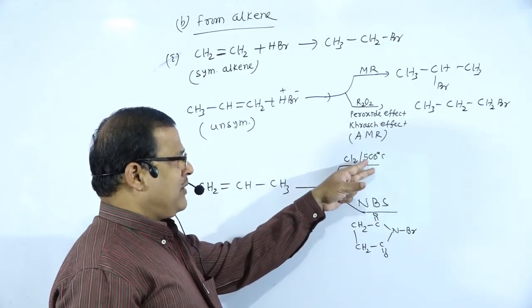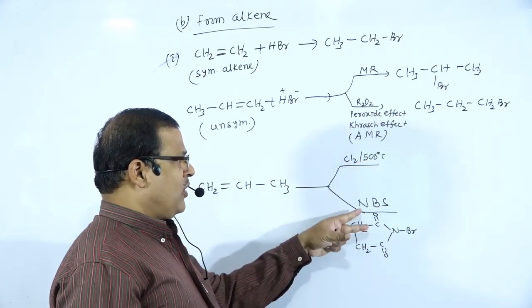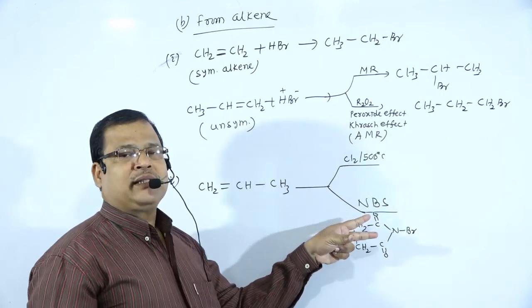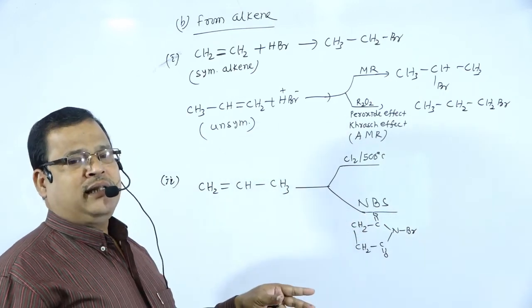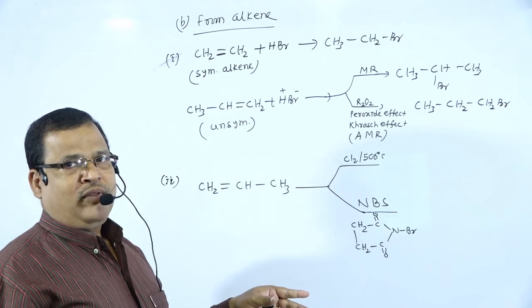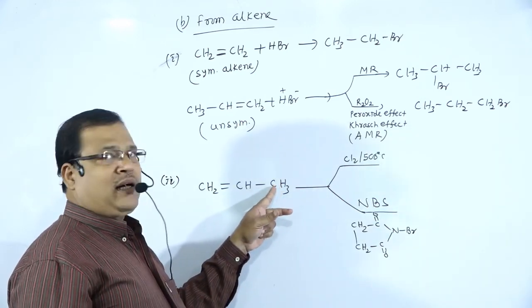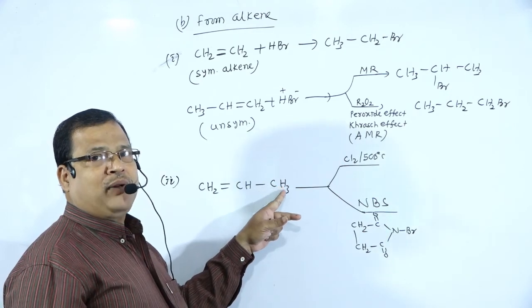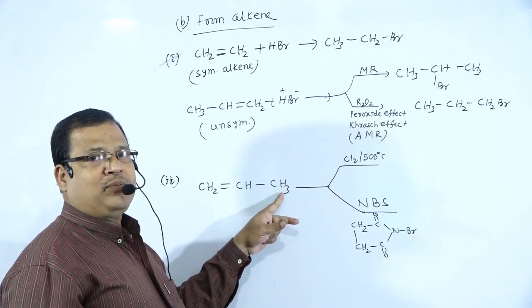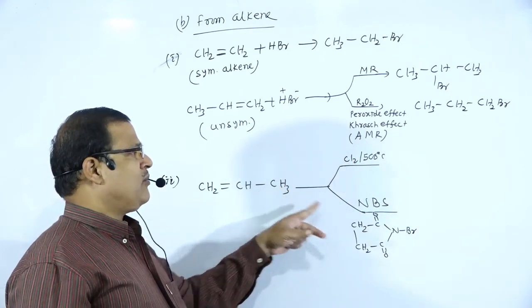with chlorine at 500 degrees centigrade or with NBS, in all these cases the allylic hydrogen atom, this is the allylic hydrogen atom on the allylic carbon, is replaced by chlorine or bromine.